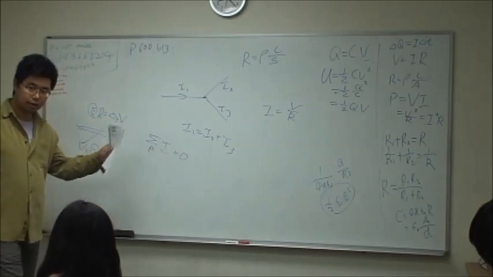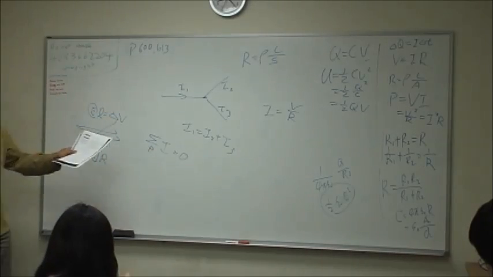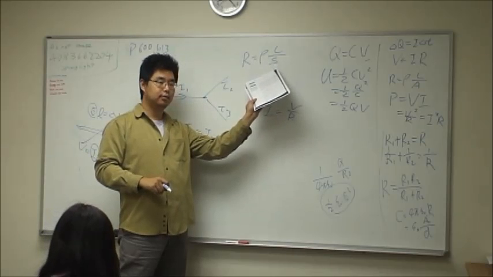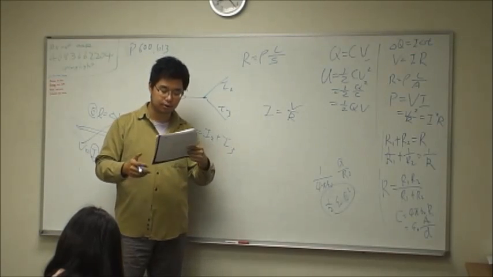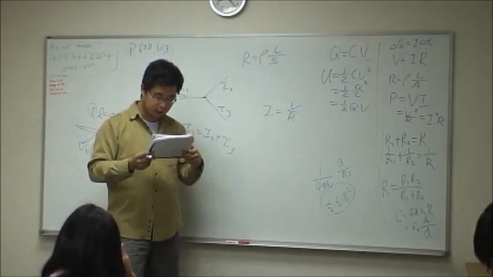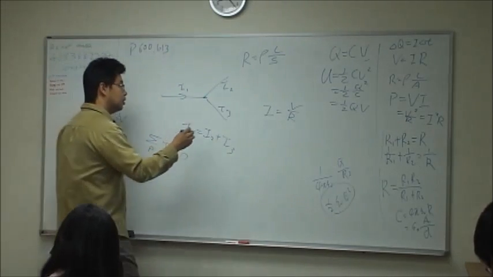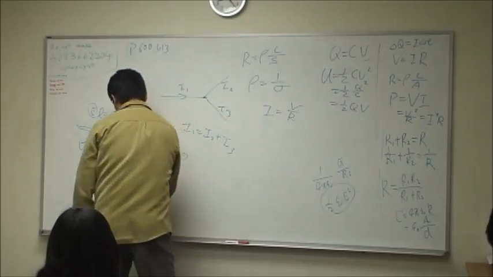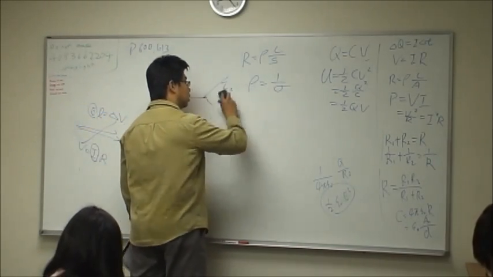It depends on how long the resistor is, inversely on the cross-section size of the resistor, and of course the material. However, there's another important thing to remember: this rho is equal to 1 over sigma.